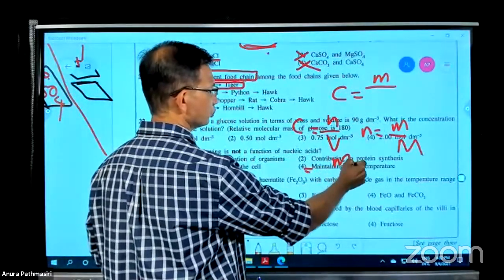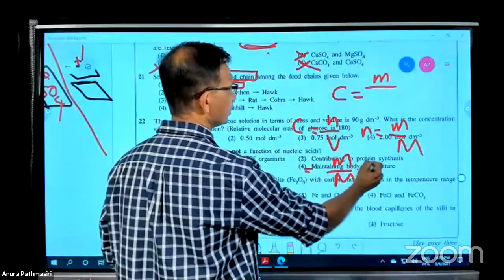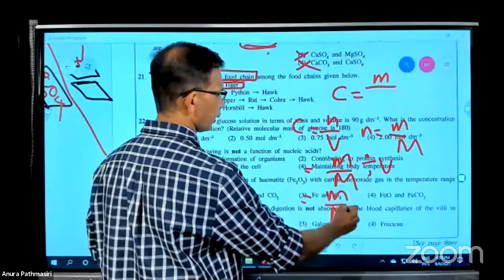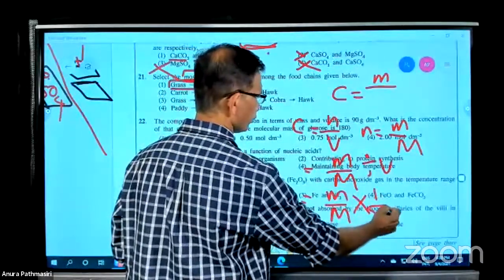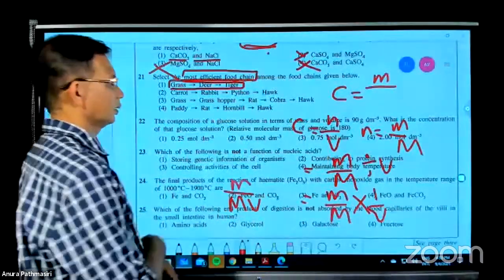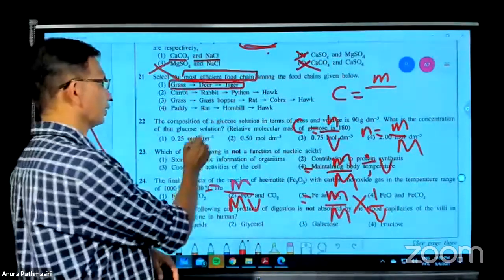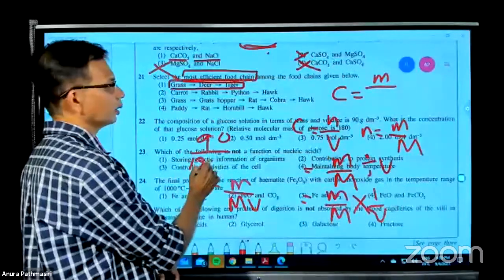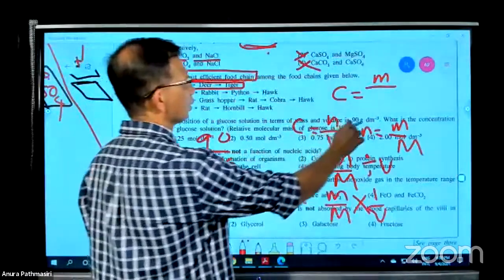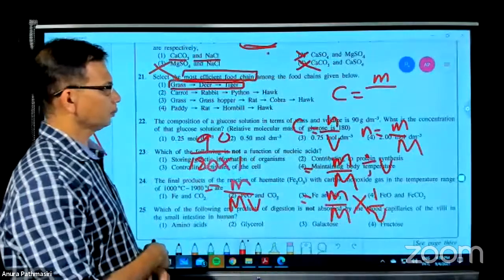C equals small m over capital M, divided by V. That means m over capital M times 1 over V. So you can find it out: m over capital M times V. Now find the answer. 90 gram in 180, capital M. So V is 1, right? 1 cubic decimeter.